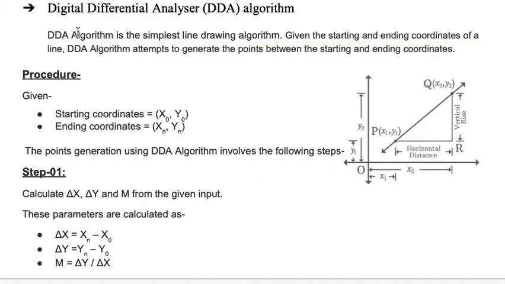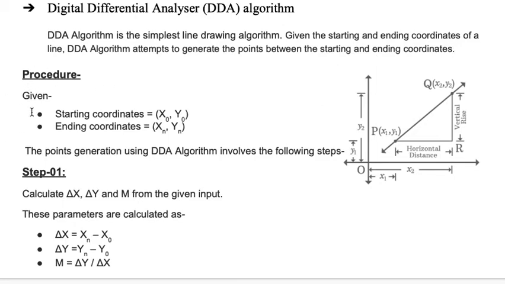The digital differential analyzer algorithm is the simplest line drawing algorithm. Given the starting and ending coordinates of a line, the DDA algorithm attempts to generate the points between the starting and ending coordinates.